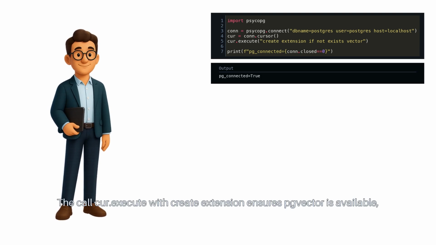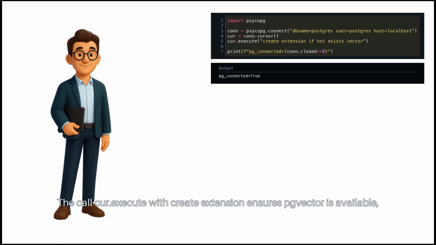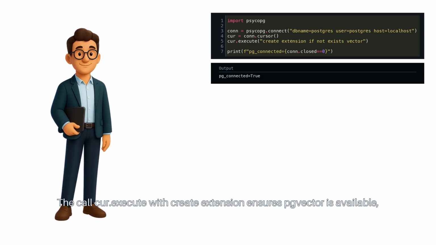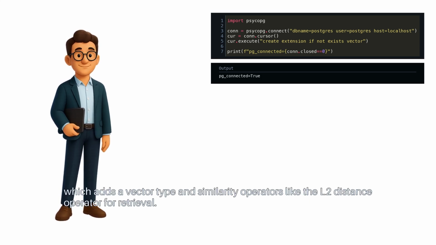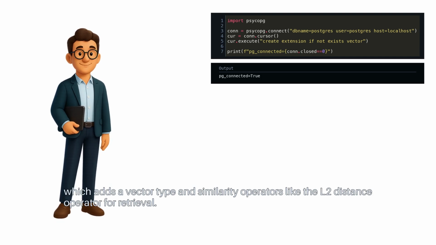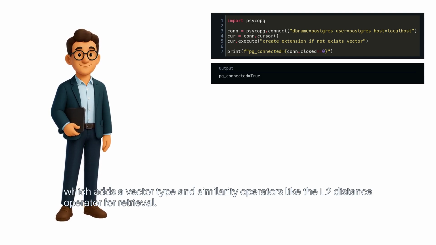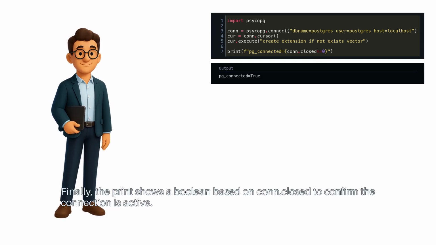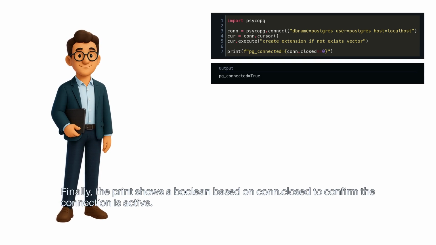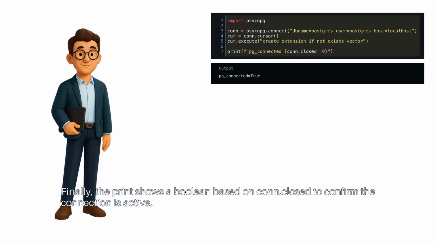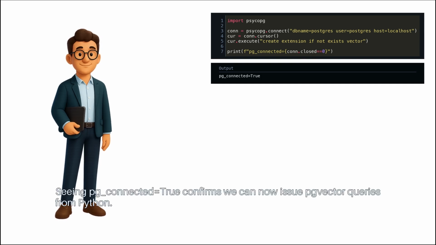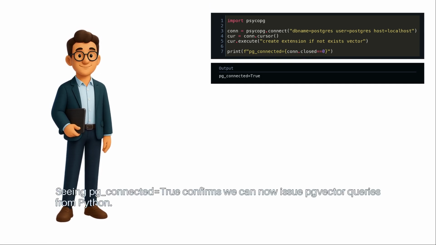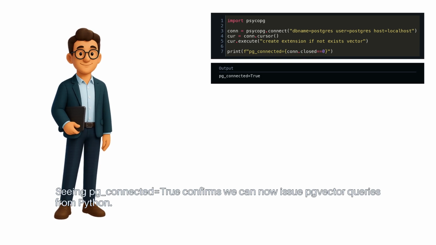The call cur.execute with create extension ensures pgvector is available, which adds a vector type and similarity operators like the L2 distance operator for retrieval. Finally, the print shows a boolean based on con.closed to confirm the connection is active. Seeing pg connected equals true confirms we can now issue pgvector queries from Python.